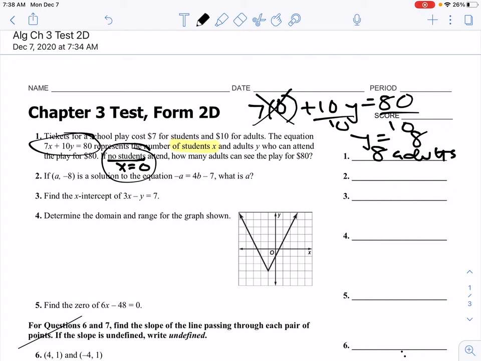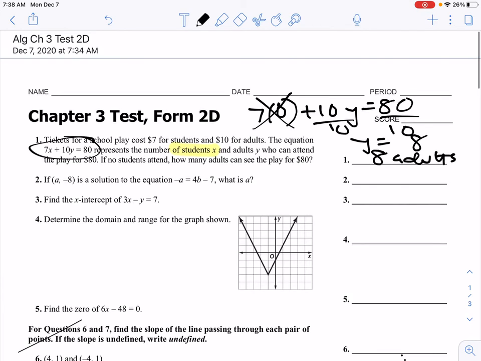All right, second one. If the coordinate a comma -8 is a solution to the equation -a equals 4b minus 7, what is a? So what we're going to do is assume that this means a, b, right? Sorry, my thing is being funky. All right, and so we're going to take this and put it in there. Well, I don't know what A is, so A is just going to stay what it is.